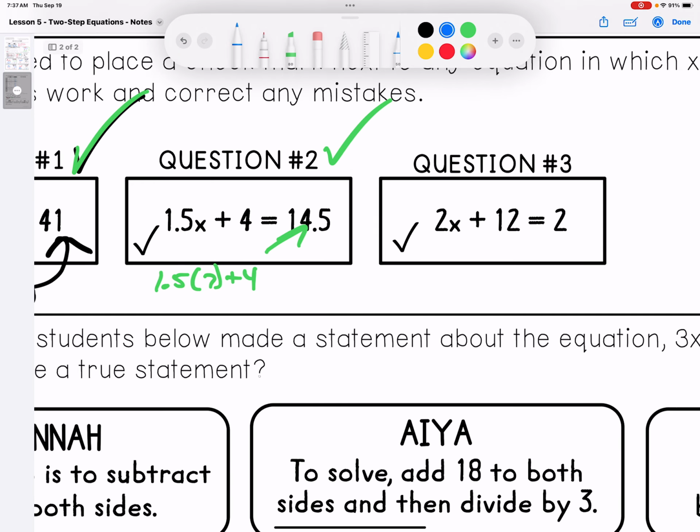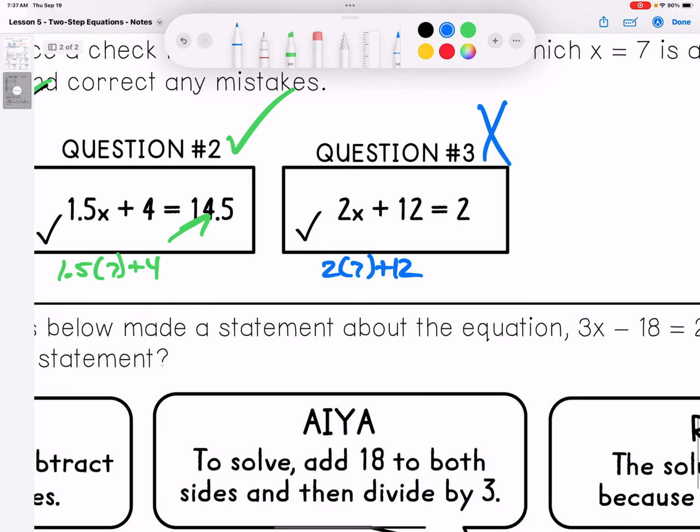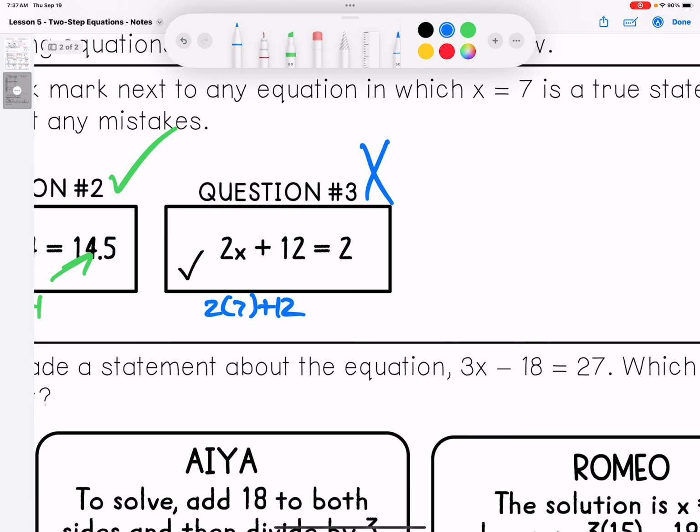The last one, I'm going to go 2. Does that equal 2? It does not. Okay, it's not going to equal 2. So what I want you to do is say no, but I want you to tell me why. What do you think he did?